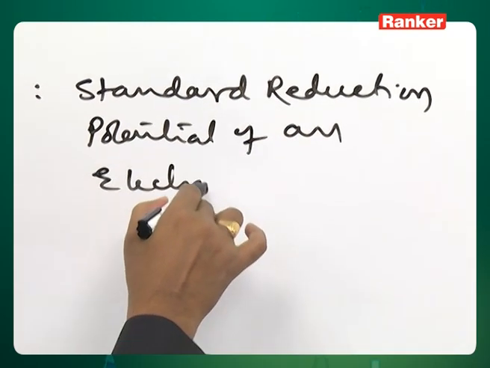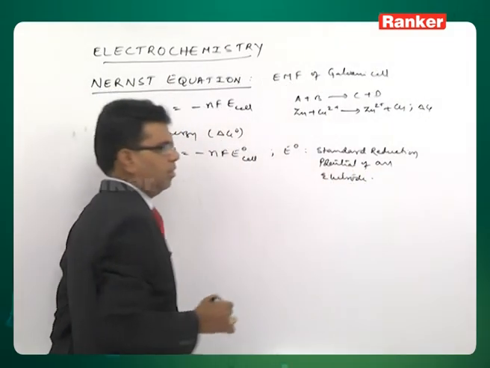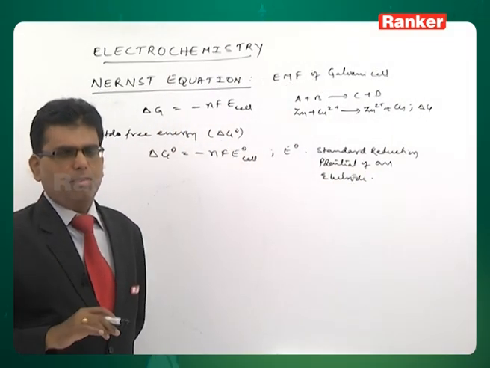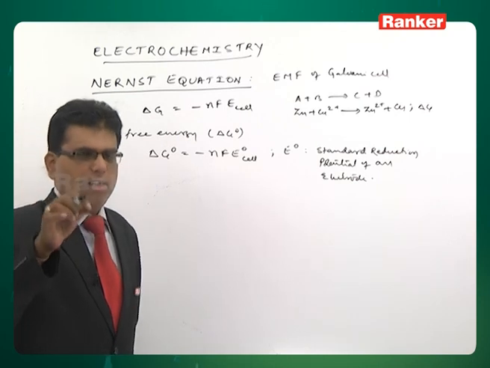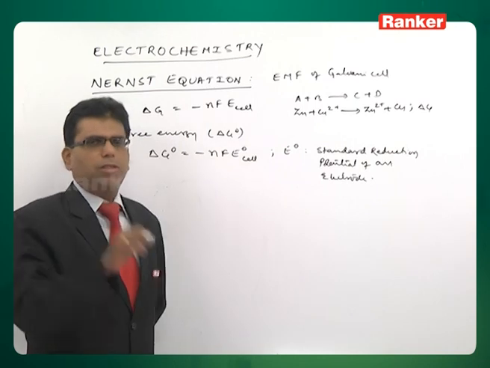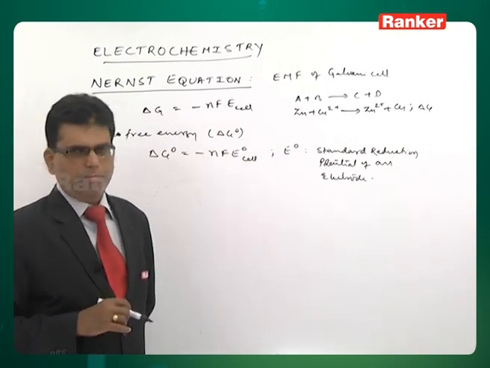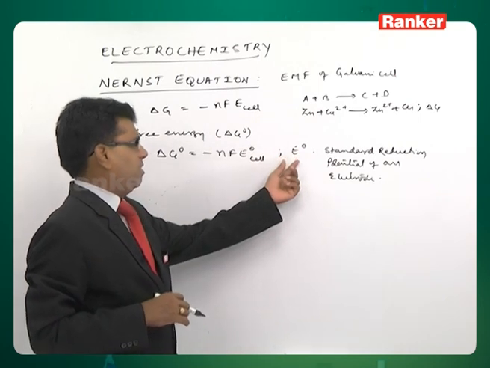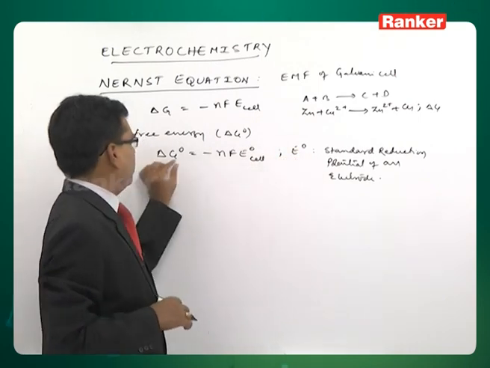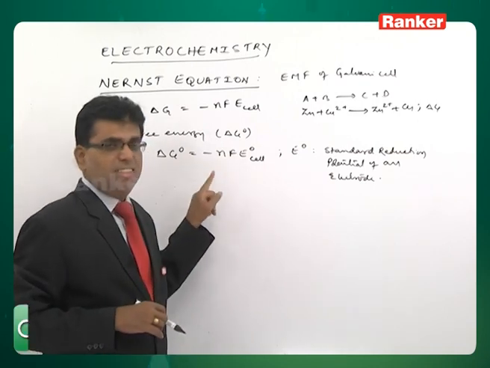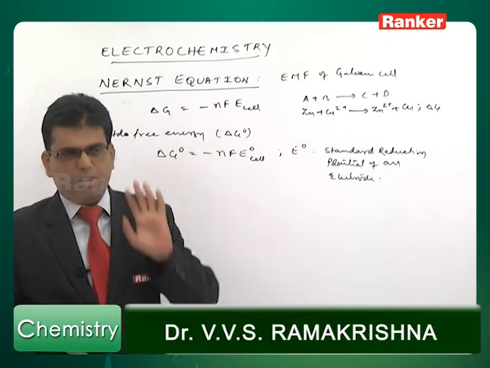Every electrode under standard conditions has a certain assigned EMF value, that is what we call standard reduction potential. Regarding that, after this Nernst equation, we will have a detailed discussion. But for the time being, just take that E naught is standard reduction potential, and delta G naught is minus nFE naught, where delta G naught is standard Gibbs free energy.